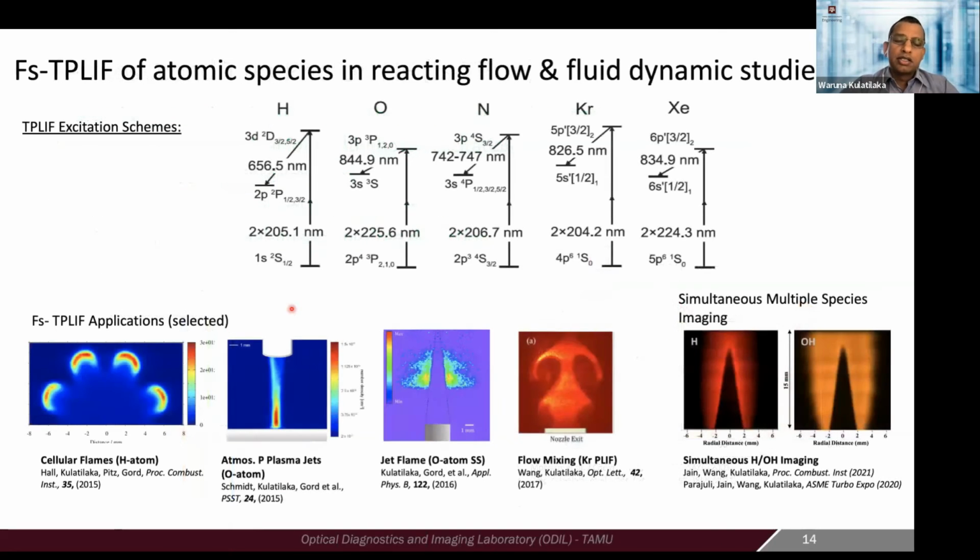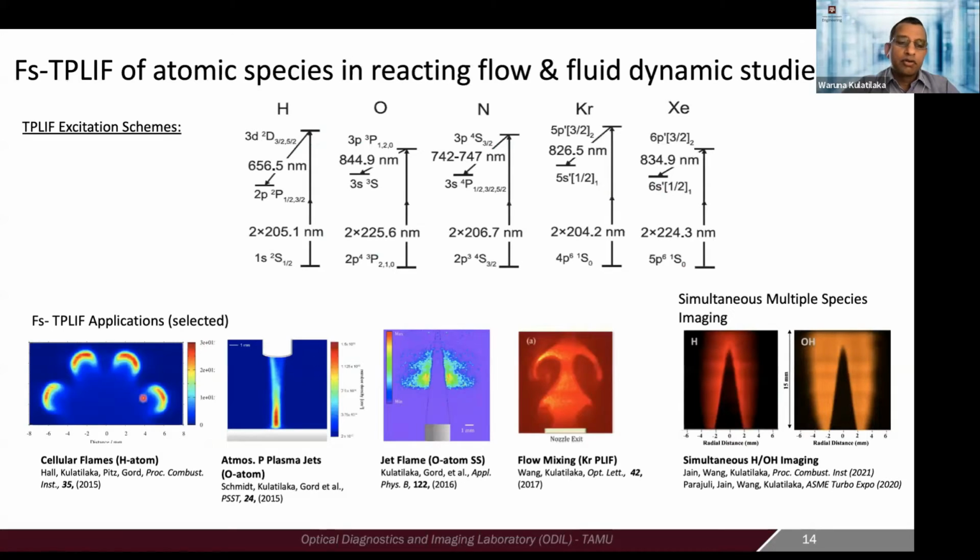Over the years, since those initial developments, we and other research groups have extended these two-photon excitation schemes to a number of different species. The hydrogen atom is the one we showed before, and similarly, as I mentioned, oxygen atom, nitrogen atom, krypton and xenon, for example.